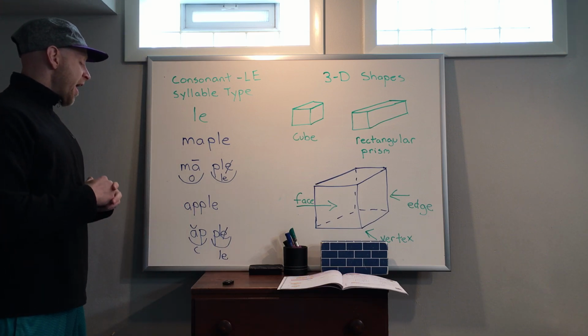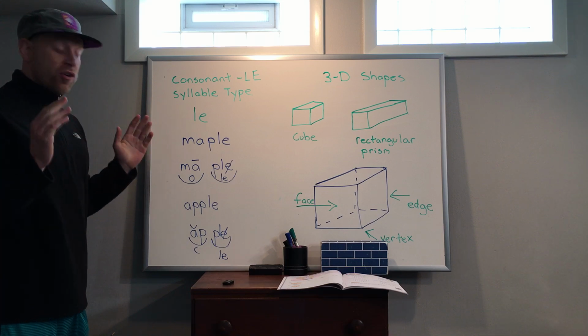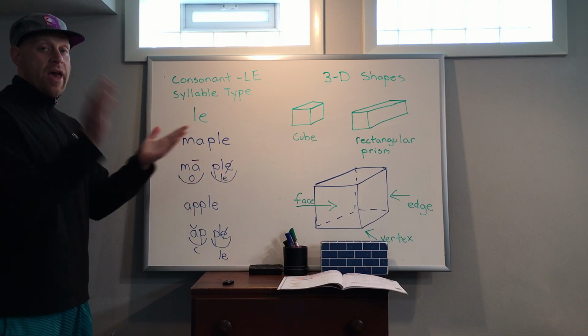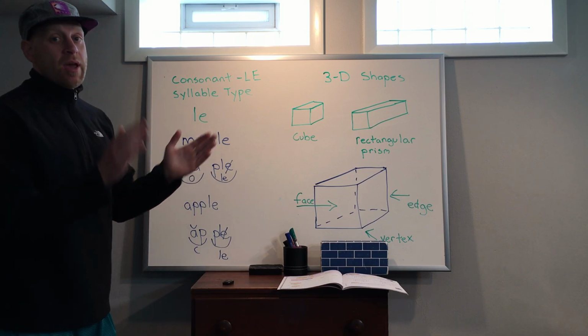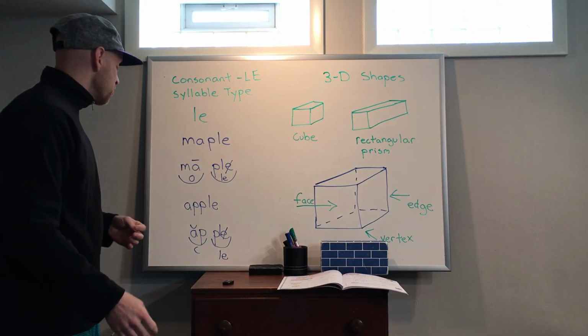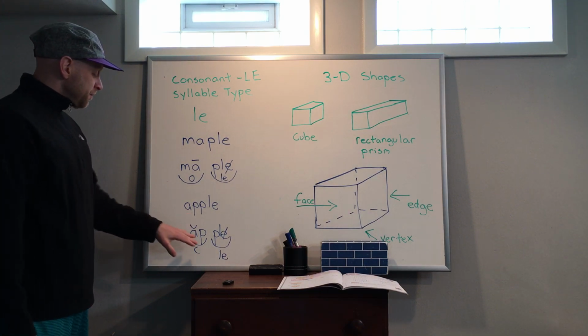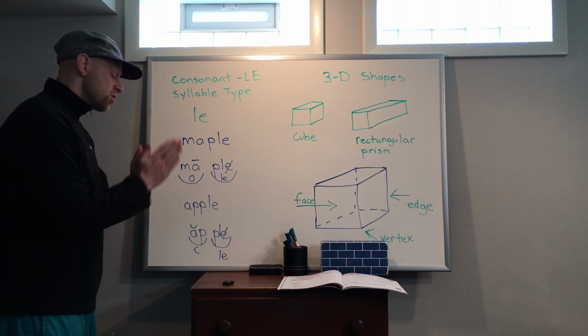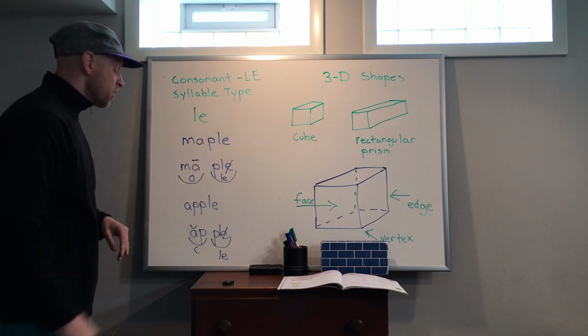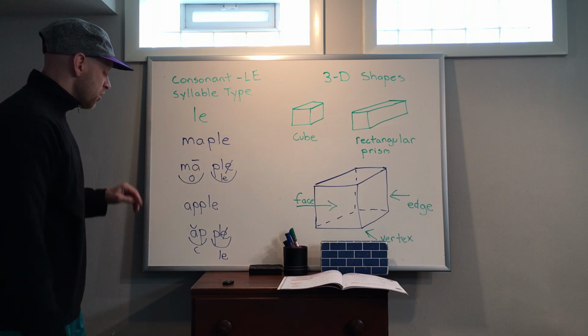Same thing with apple. Now for apple, we could clap it out, apple. Actually, I should do it, apple, as weird as that is. Because there's two consonants right next to each other, that's where we split that word.